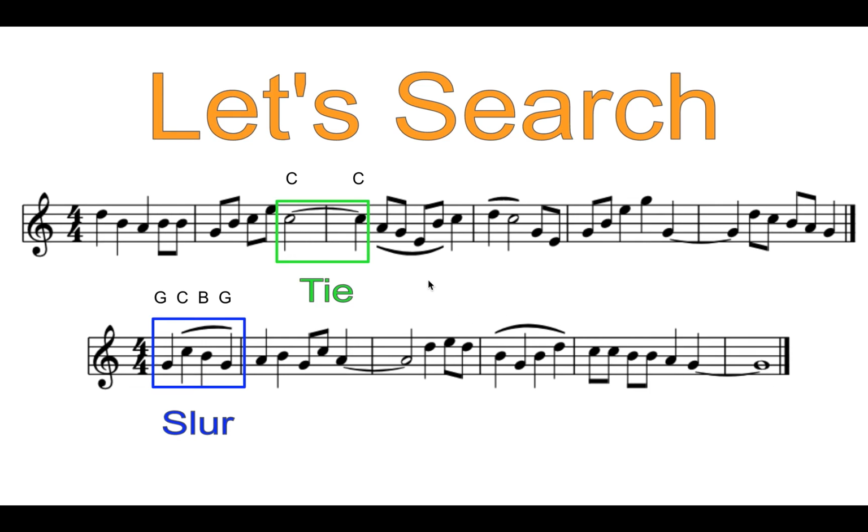Now I want you to figure out, is it either a slur or is it a tie? If you have to, you can pause your video and rewind it and go back to our definitions and our examples if you need some help. But right now, I'm just going to give you a few moments. You can pause the video here if you want to fill it out, write it down on a piece of paper, and then we'll go through the answers in just a little bit.